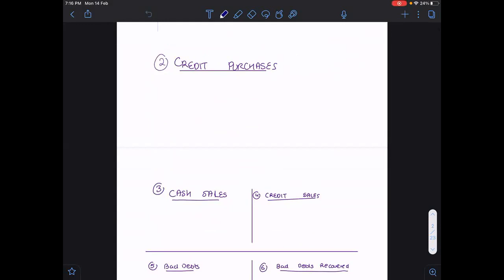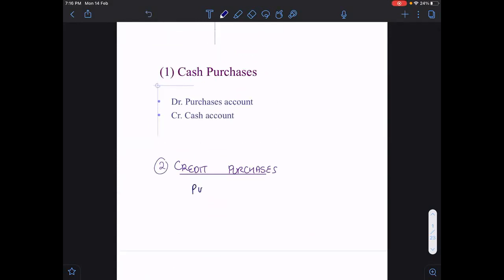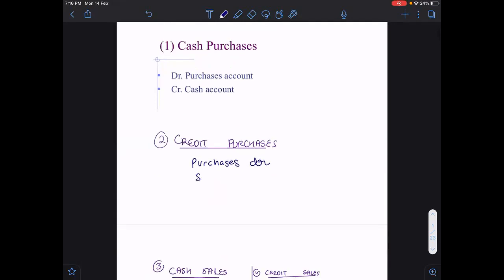Credit purchases entry is purchases debit, supplier credit.